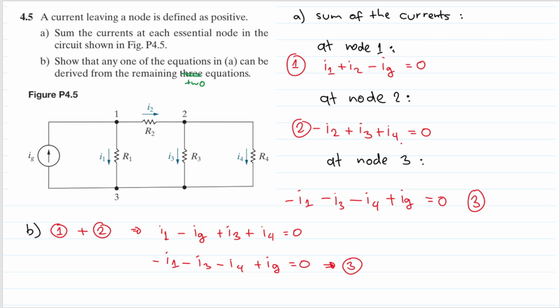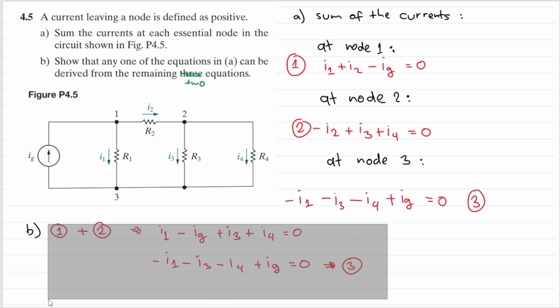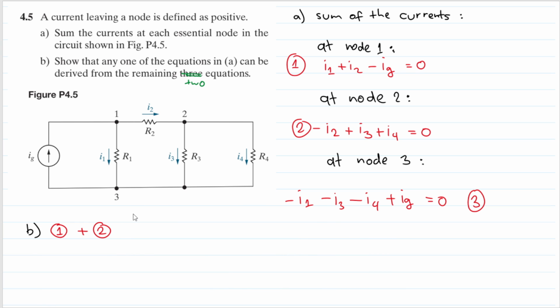And we can also add equation number 2 and 3. Okay, maybe let's duplicate this slide and redo equation number 2 and 3, and let's see if we get equation number 1. Okay, let's redo this, and we have equation number 2 plus equation number 3. We still have minus I2, right?